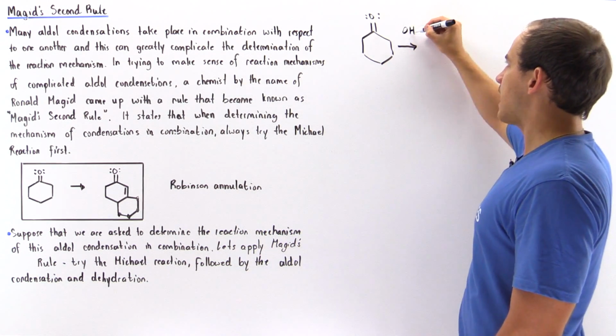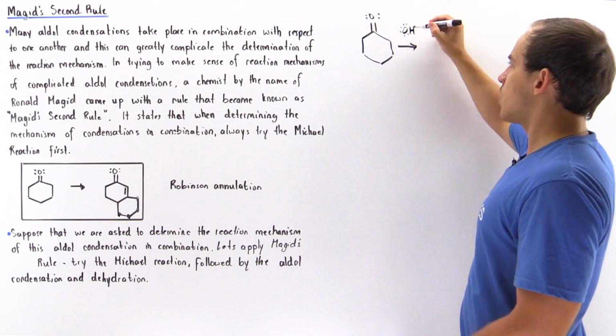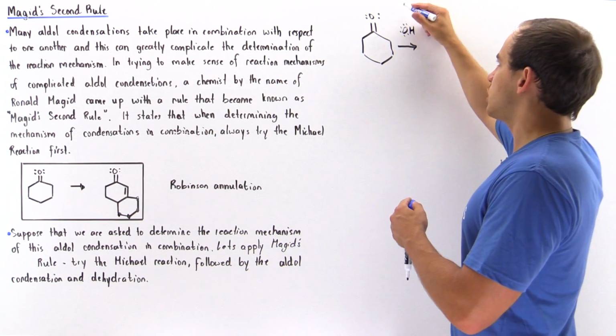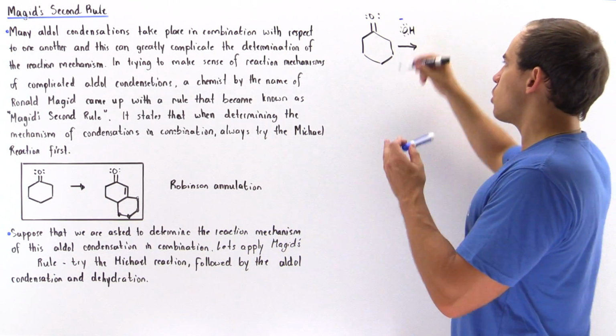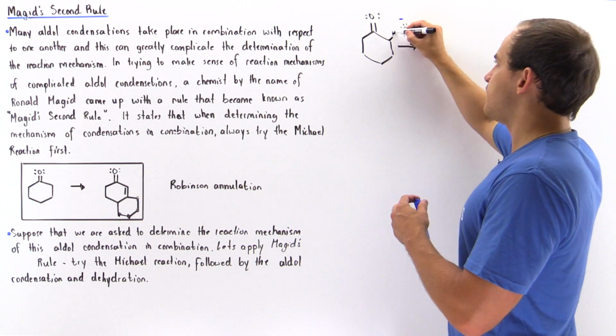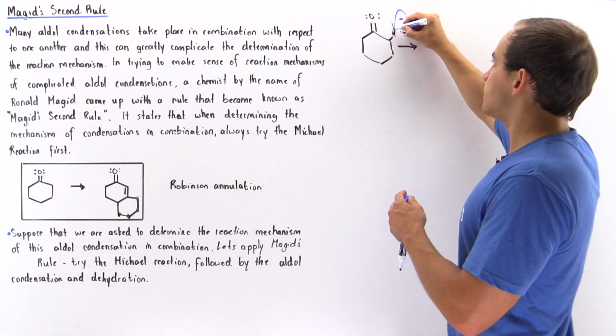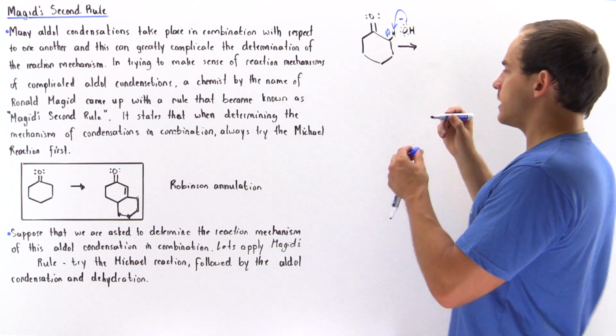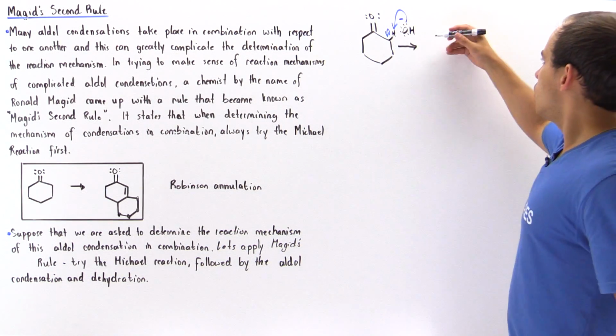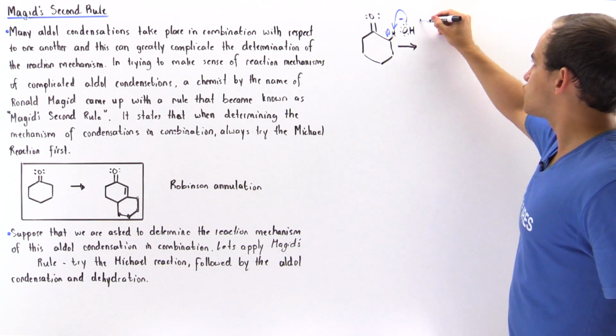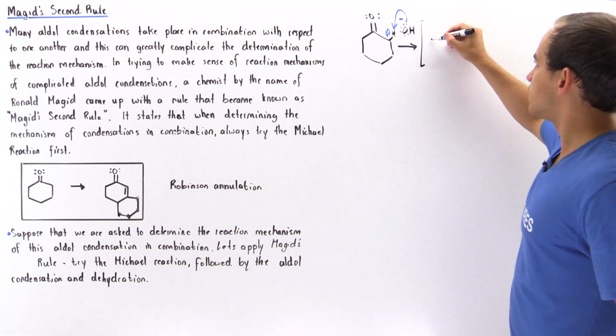Basically, we have some type of base, let's say hydroxide, present in our solution that essentially deprotonates the alpha hydrogen found on this molecule to convert it into a good nucleophile. So we have a resonance stabilized structure that is formed.